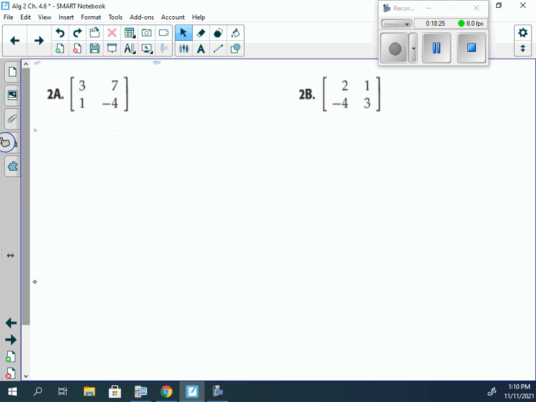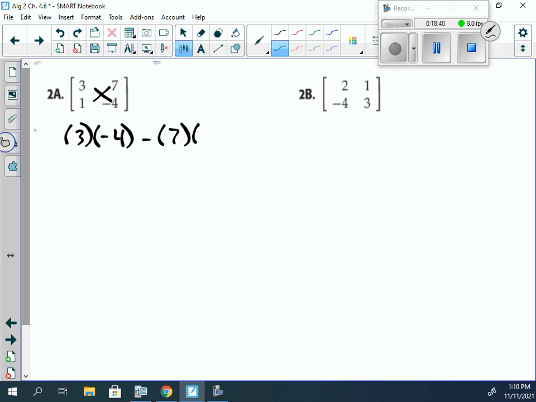So if we wanted to check it, well, for 2a, we could take its determinant, which would be our -3 times 4 minus 1 times 7. So we could say 3 times -4 minus 7 times 1. If this worked out to be 0, then it doesn't have an inverse. If it gives us something different than 0, then it does.